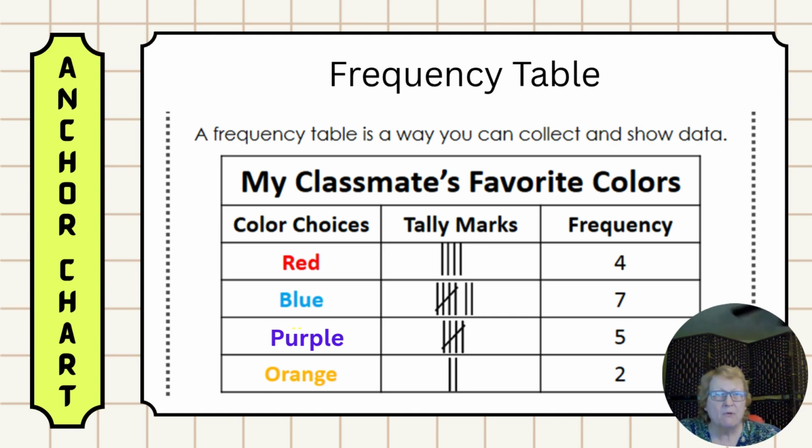A frequency table is a way to collect and show data, and it uses tally marks. Each tally mark represents an individual piece of data. You can see here that the frequency table's title involves my classmates' favorite colors, and the main favorite colors are red, blue, yellow, and orange.